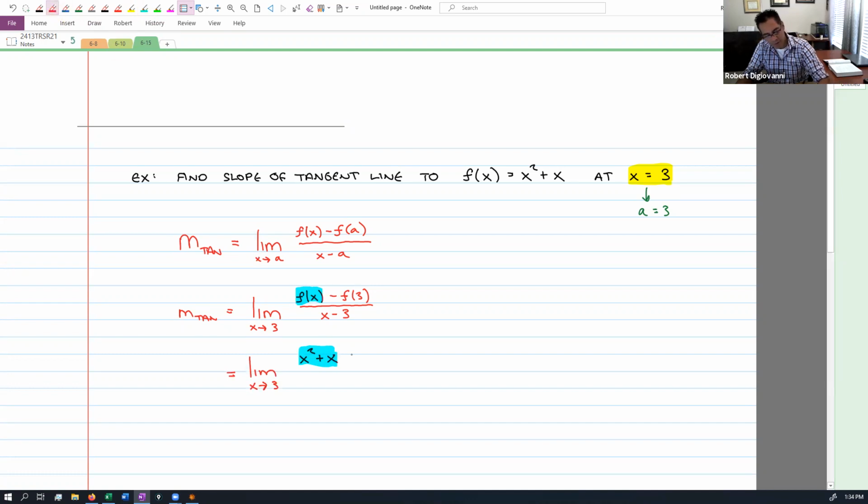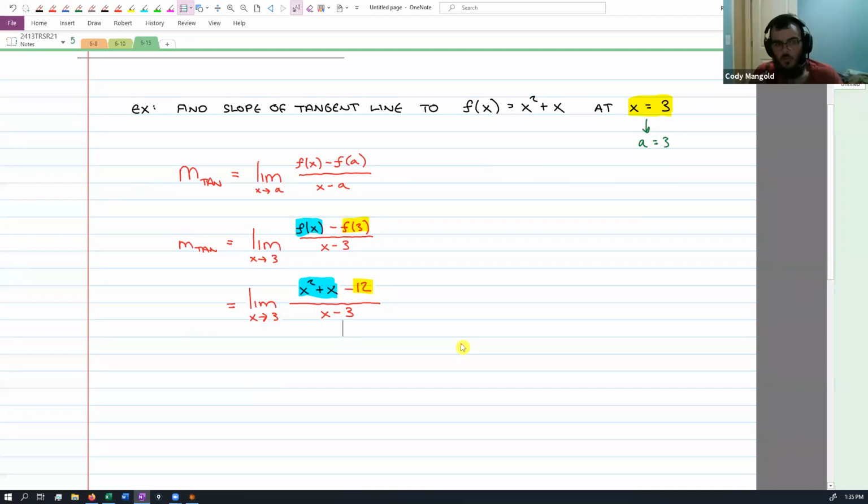Then we want to subtract from that f of 3, which is what we get when we plug 3 into the function, which we said was 12. And then we want to divide all of that by x minus 3. There's no work to do on the bottom, because x minus 3 is x minus 3.